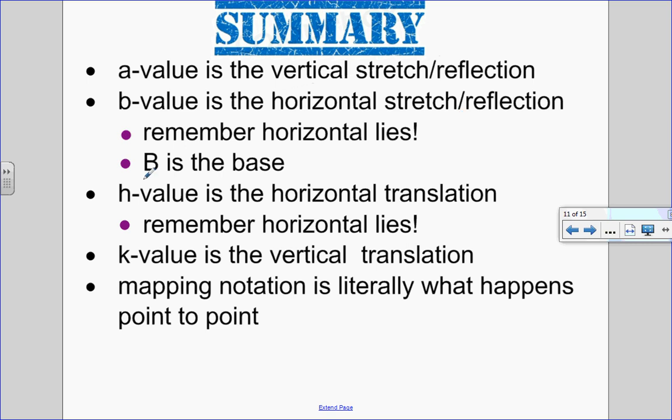Okay, I use a big B for the base and a little b for the horizontal stretch and reflection, the horizontal parameter. Your H value is your horizontal translation, remembering again horizontal lies. K value is your vertical translation. And mapping notation, of course, is literally what is happening point to point.